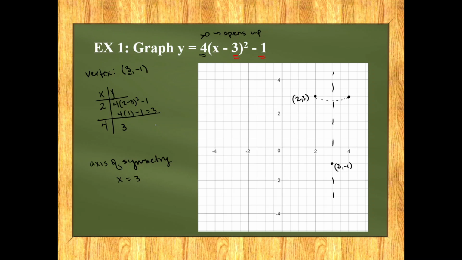Okay, so if I put a 4 in here, yes, indeed, I get 3. So then I can just connect my dots. And I have graphed my parabola, and I have labeled some points. Label at least 2 or 3 of them so that the graph is readable and we know what our scale is.